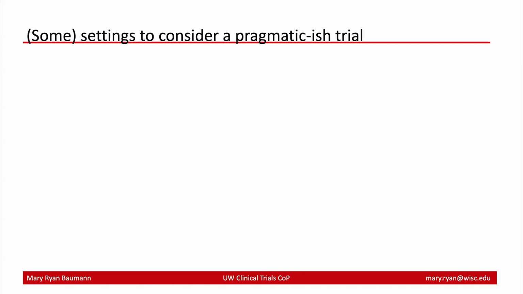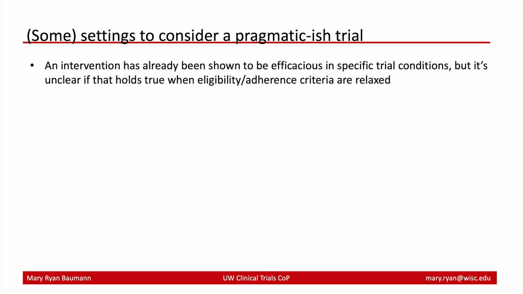So, some settings in which you might consider what I call a pragmatic-ish trial. One might be that you have an intervention that's shown to be efficacious in specific trial conditions, but it's unclear whether that holds true when you relax eligibility or adherence criteria.